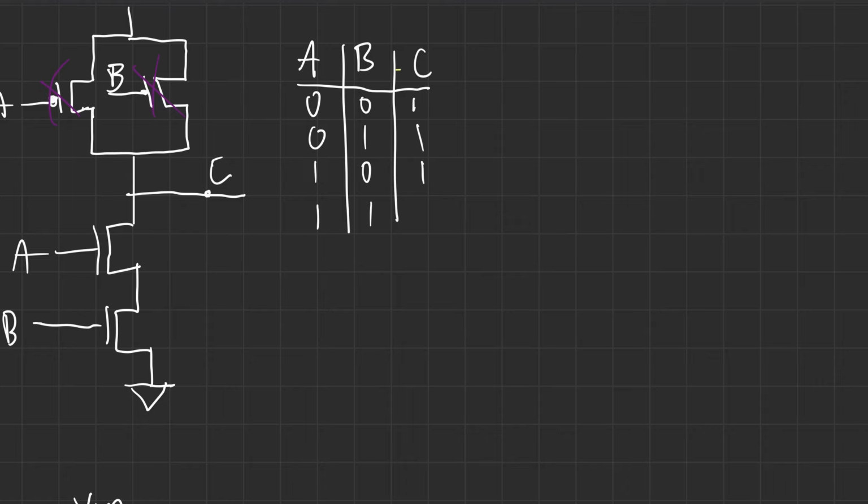That's not the right word for an inverter, but you get the idea. And here for the NMOS, they're both 1. Current's going to be allowed to flow for both of these. So actually, C will now be connected to ground. So C is actually 0.